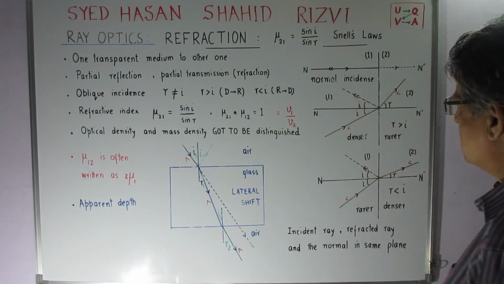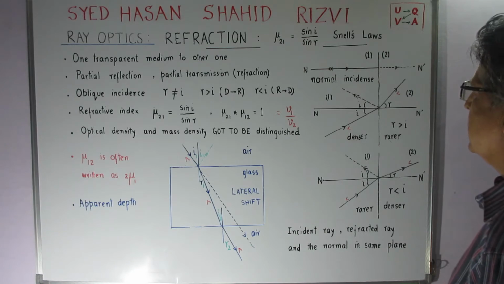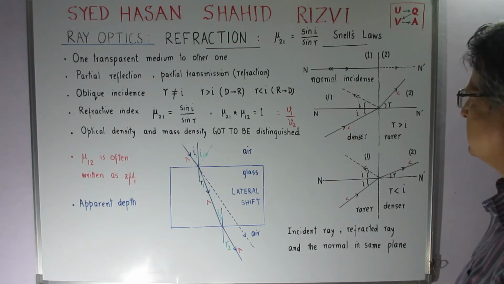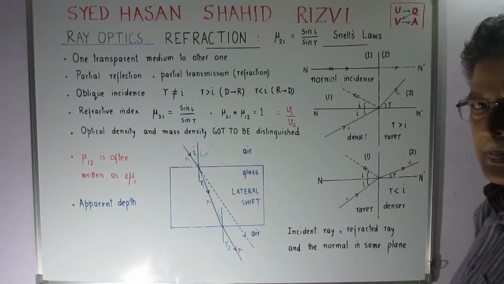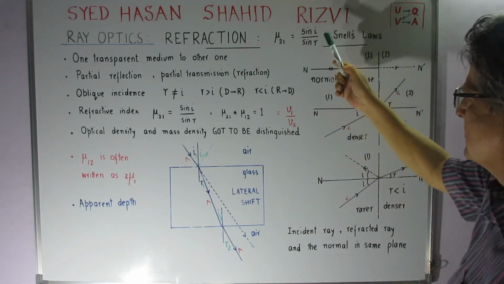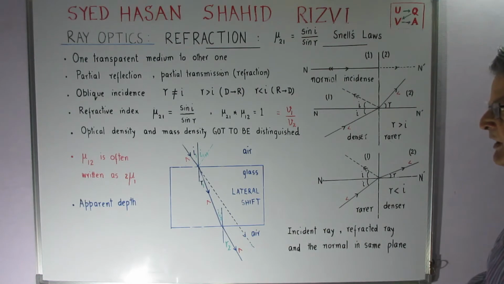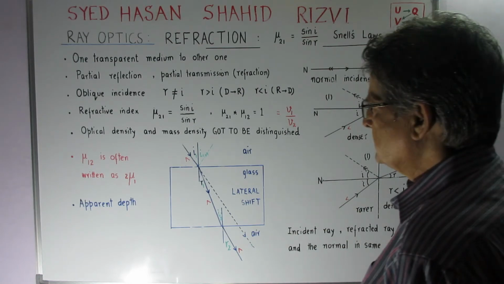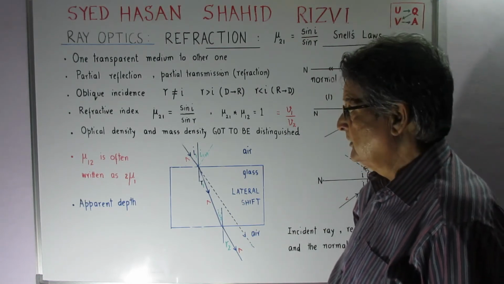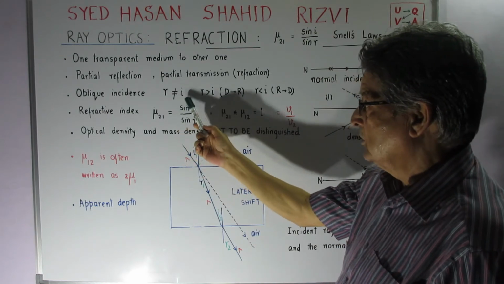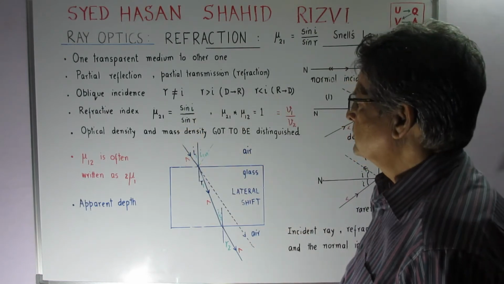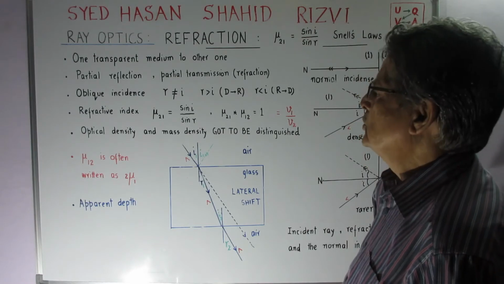But here the angle that the rays make with the normal is 0, and we cannot apply this formula sin i upon sin r in this case. So for that we have to go to oblique incidence, in which the angle of refraction is not equal to the angle of incidence. So there are two things that happen.